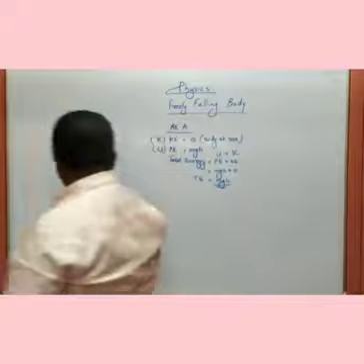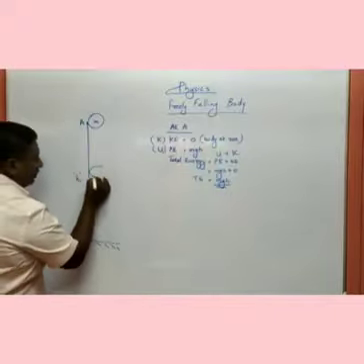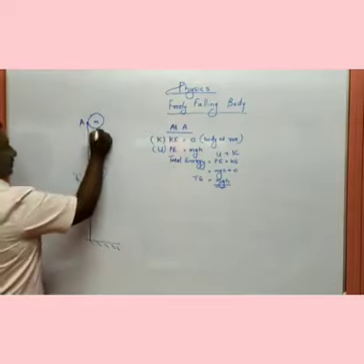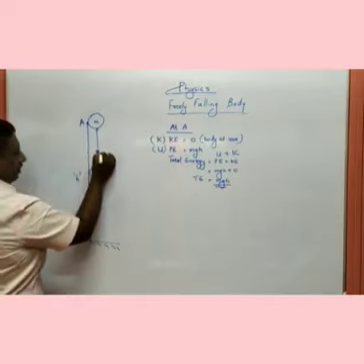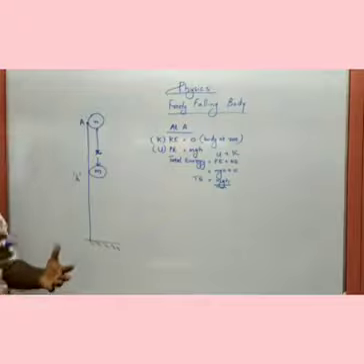Suppose we are considering while falling, the body reached here. That means the body reached or covered x distance.